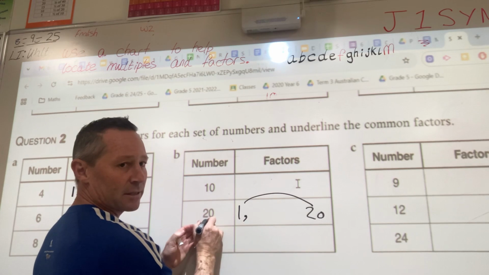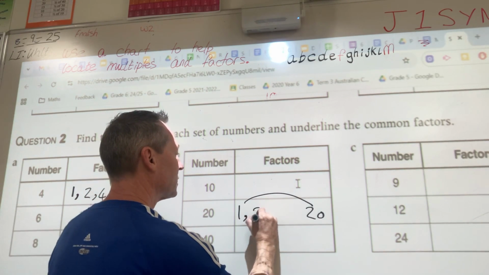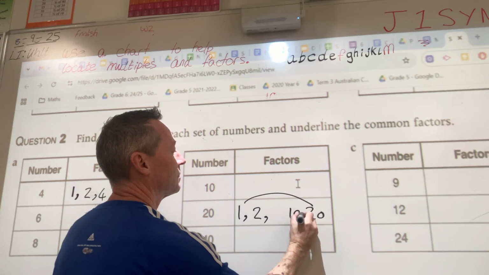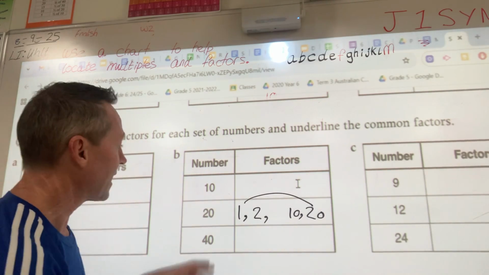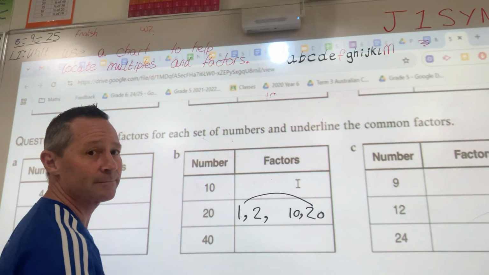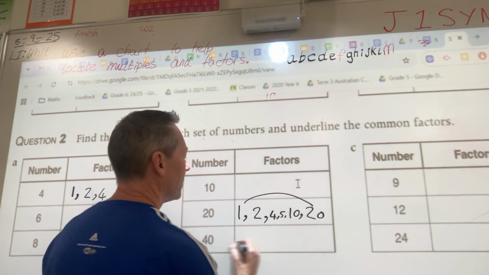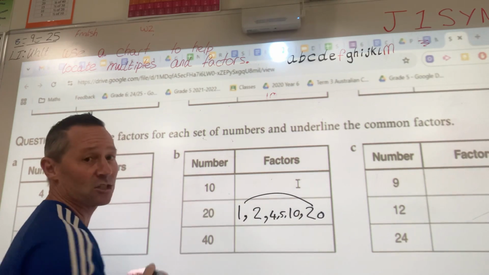Well, it's an even number, so it must be divisible by 2. 2 times what? 2 times 10. Okay, and I know there's 2 more factors that fit into that. That would be 4 times 5. So there are 1, 2, 3, 4, 5, 6 factors that fit into 20.